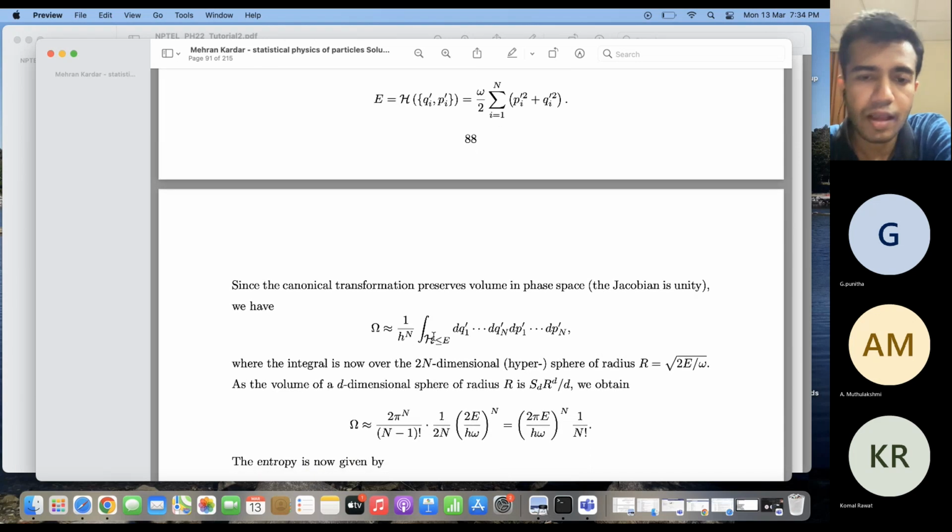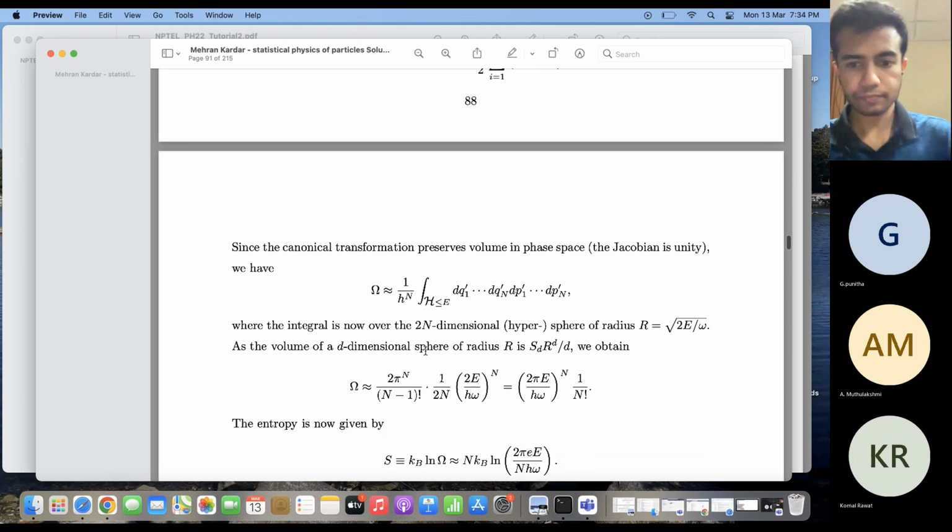Since the surface of constant energy is a sphere now, the number of microstates associated with this particular value of energy will be given by the surface area of this sphere, of radius root 2E by omega, in the possible phase space coordinates.